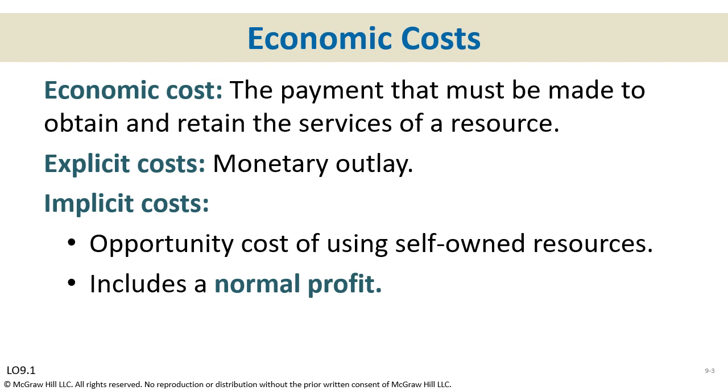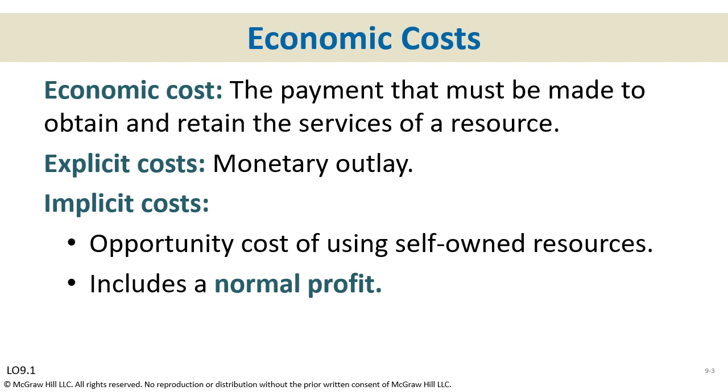Explicit costs are any time payments are made for supplies. So you're paying people that don't own your business money for some sort of a supply. Those are all explicit costs. Implicit costs are the monetary payments the self-employed resources could have earned in their best alternative employment. So if you make a business, not only do you have explicit costs, obviously it's expensive to start a business, you have implicit ones as well.